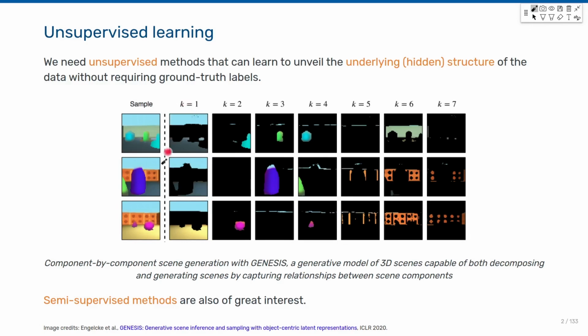The first component corresponds to the floor and the sky, the next 3 components to the individual foreground objects, and finally the walls in the background. This method is not only unsupervised, it's also generative, which means that it can generate new 3D scenes following this hierarchical process. And it is actually based on the variational autoencoder framework.